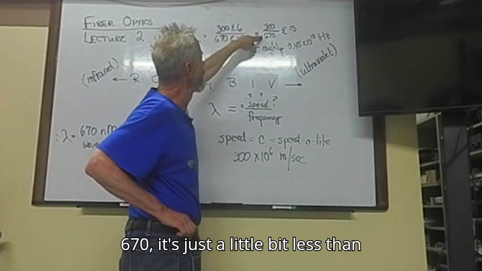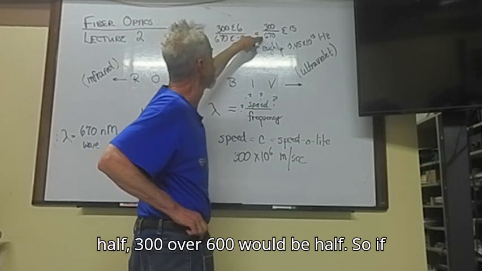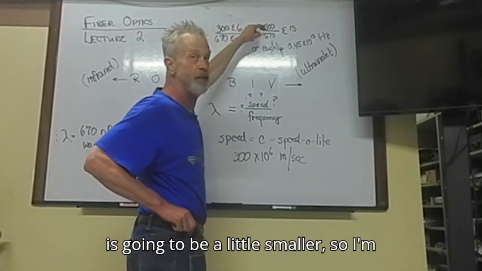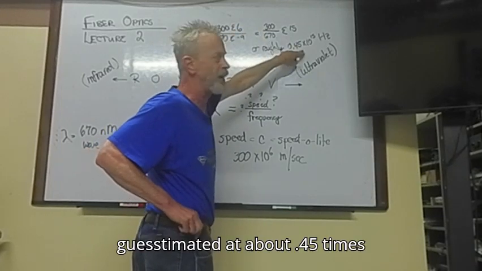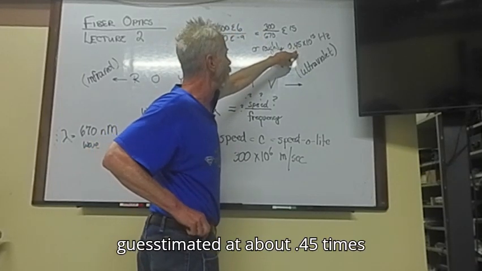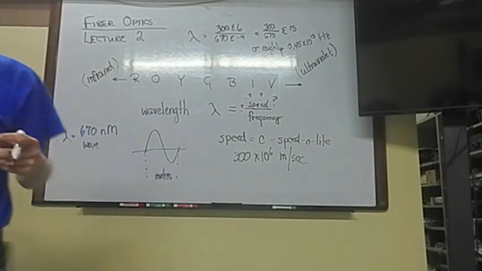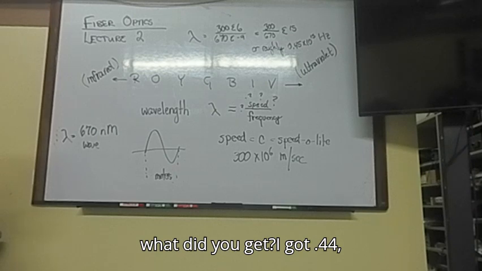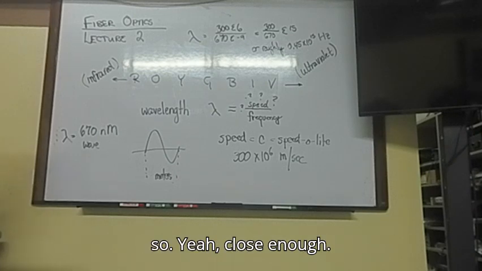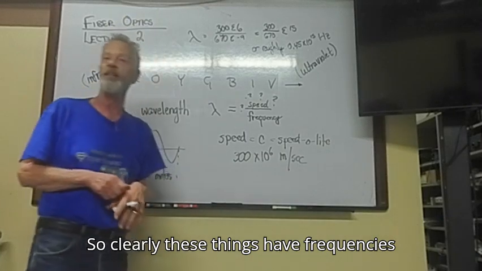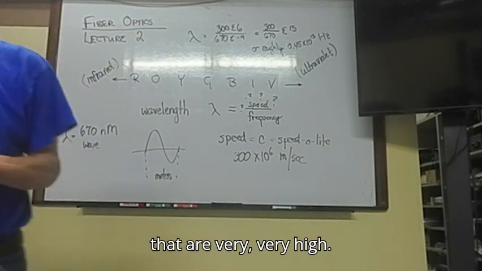It's just a little bit less than half. 300 over 600 would be half. So if this is a little bit larger, the fraction's going to be a little smaller, so I just guesstimated it about 0.45 times 10 to the 15th. So what'd you get? I got 0.447. Yeah, close enough. 0.45. So clearly these things have frequencies that are very, very high.